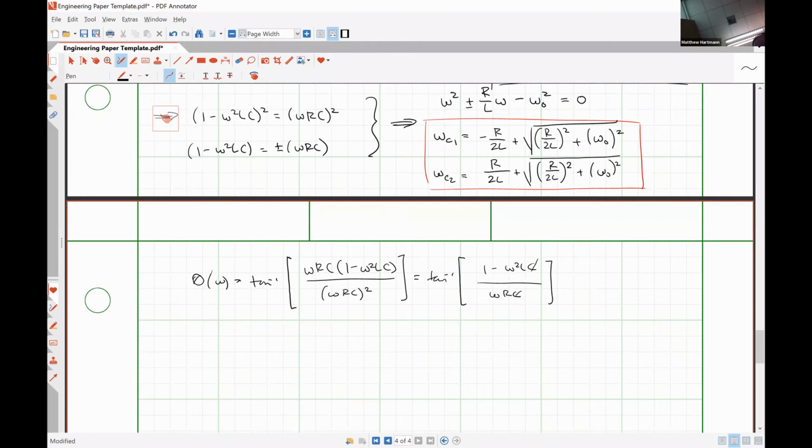We can cancel out our C's if we were so inclined. 1 minus omega squared L over omega R is what our phase response should look like. All right, so that's a bandpass filter.